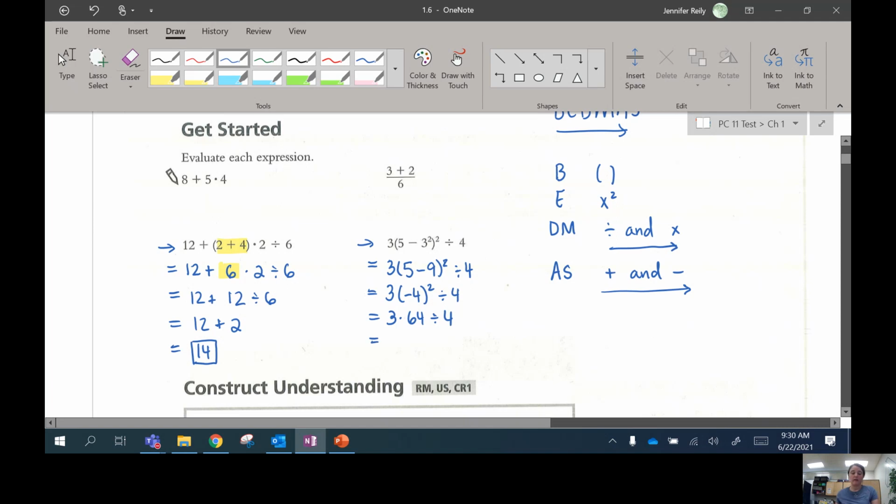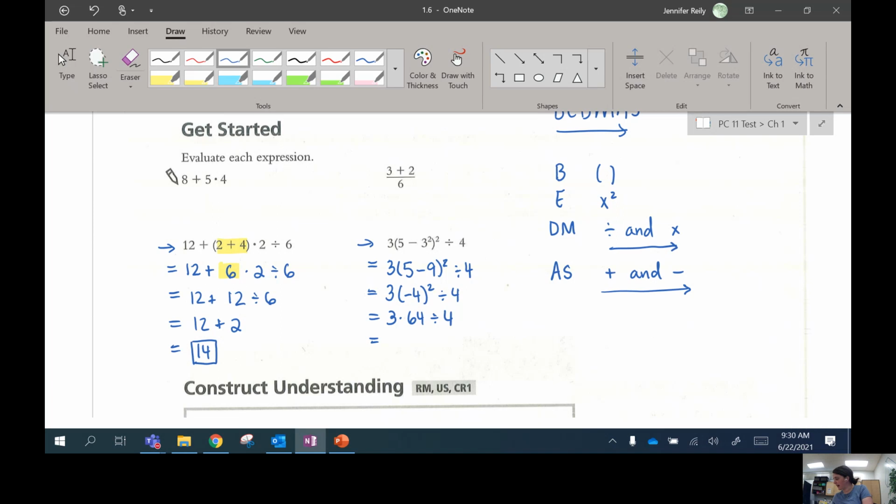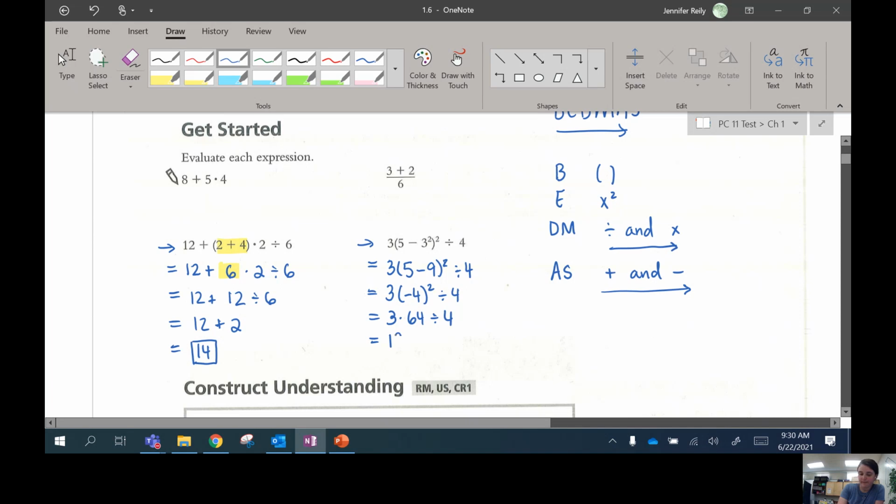Now we're going to do the order in which we read. So multiplication and division, they happen at the same time. So we'll do the multiplication first because we start on the left. So that's 192. And 192 divided by 4 is 48. There we go. Okay.